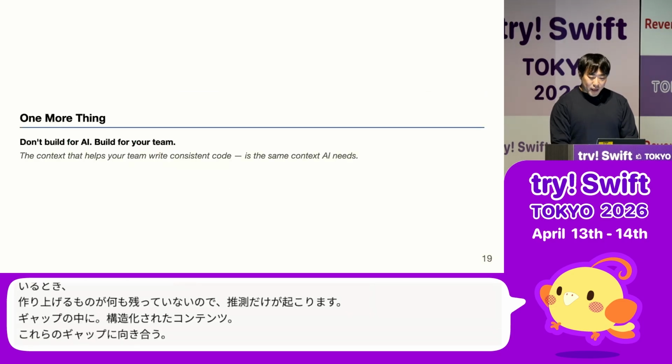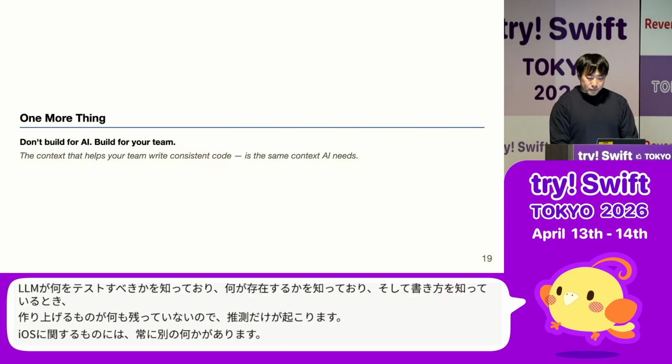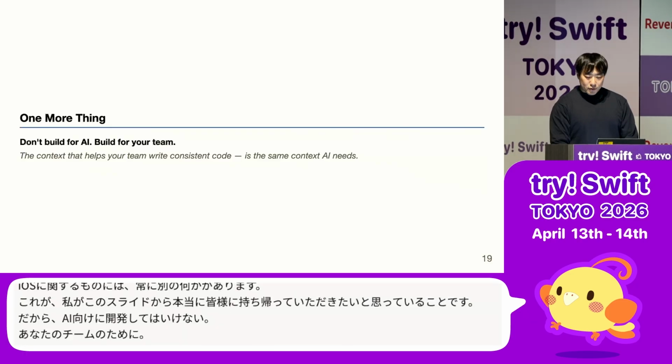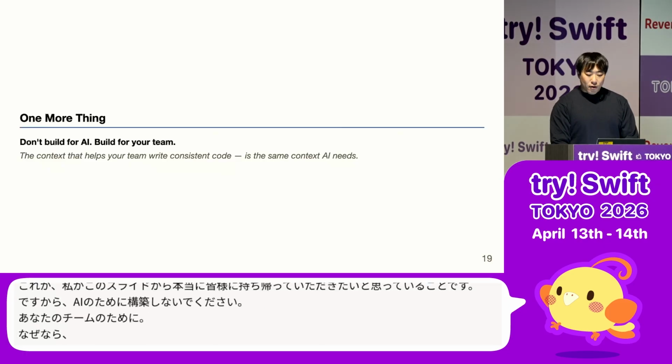So I think this is what I really want you to take away from my talk: do not build for AI. Build for your team. Because the context that helps your team write consistent code is actually the same context AI needs.